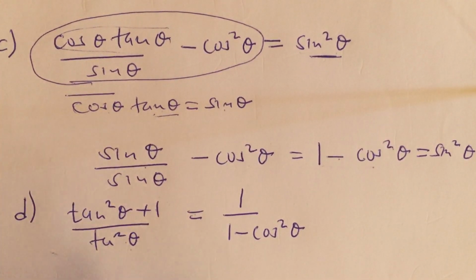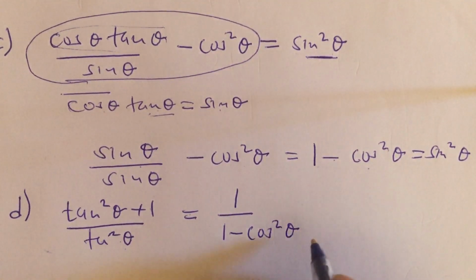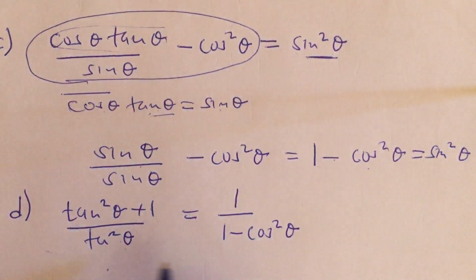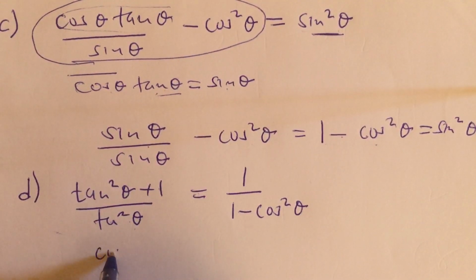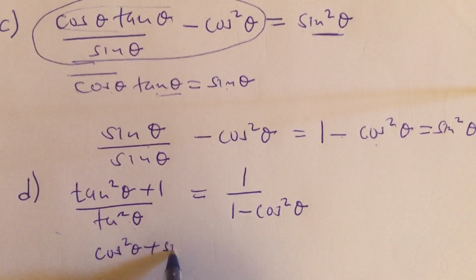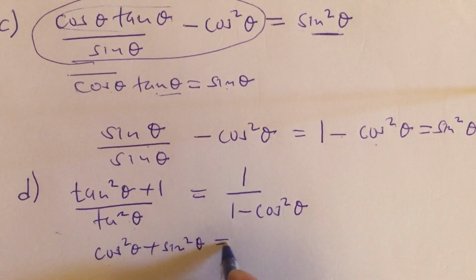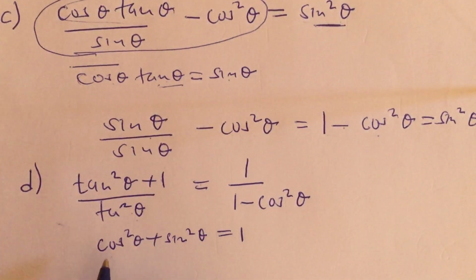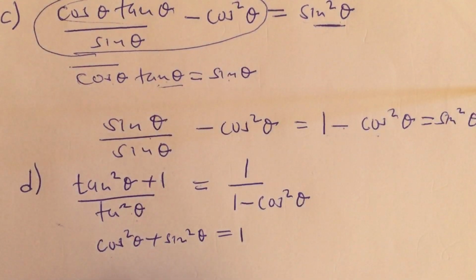So we can just distribute this quickly, and before I go to that, I can take you through this. Remember, from cos squared theta plus sine squared theta equals 1, we can divide across by cos squared theta.